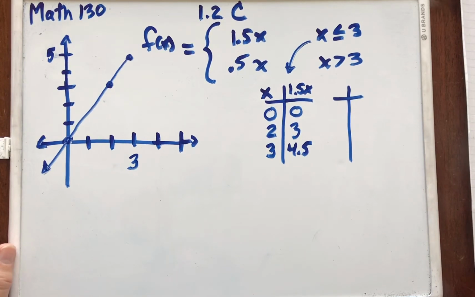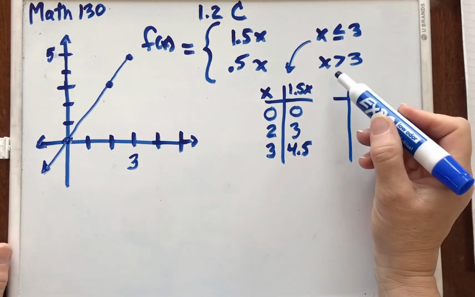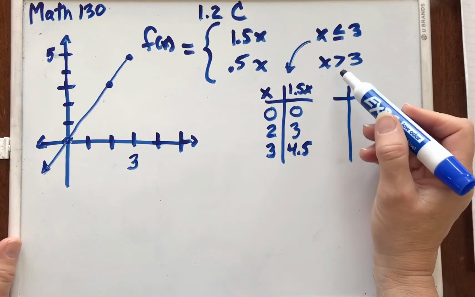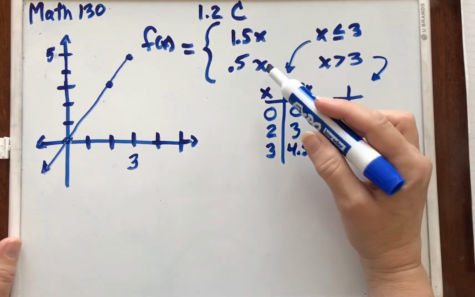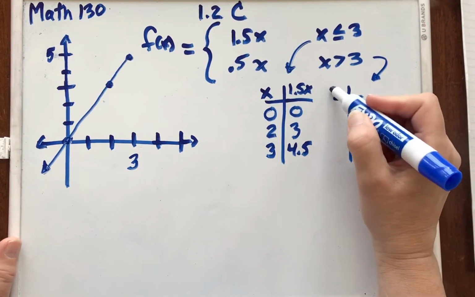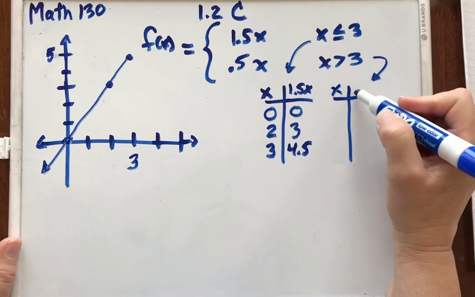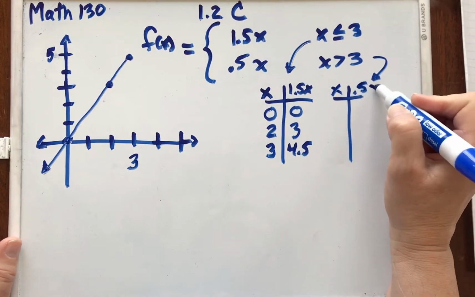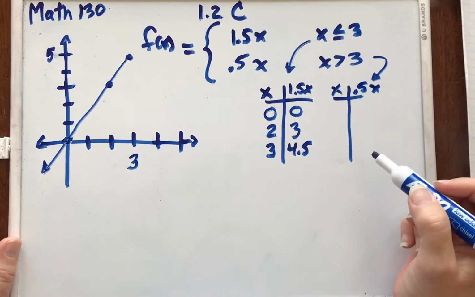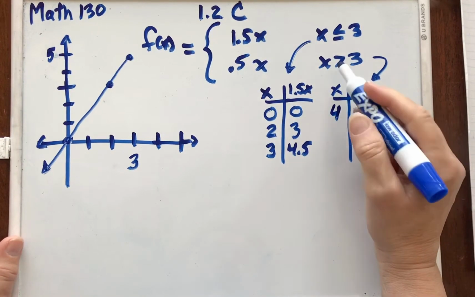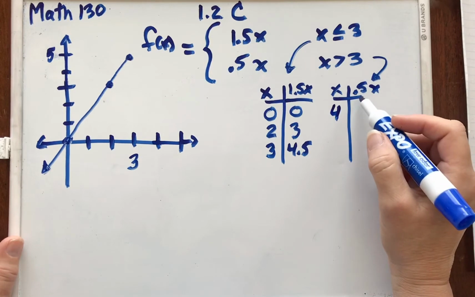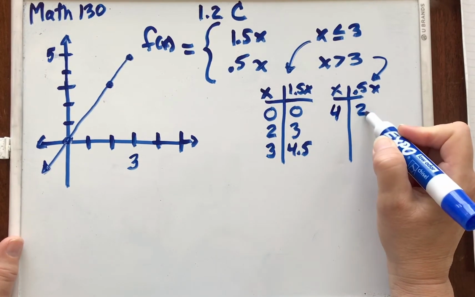Okay, so now let's look at x is greater than 3. So that's what we're going to do for this one right here. And that happens to be 0.5x. Okay, so a half of whatever x is, greater than 3. So let's choose 4. 4 is bigger than 3. A half of 4 is just 2.